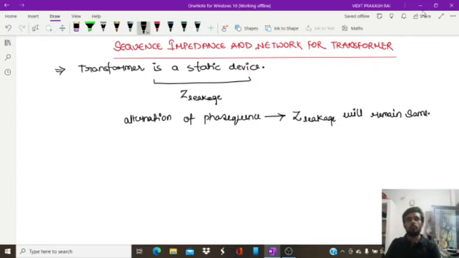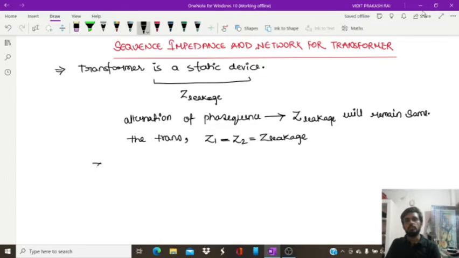Okay, so therefore the transformer positive sequence impedance and negative sequence impedance is nothing but equal to leakage reactance.